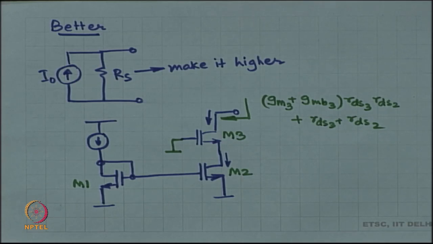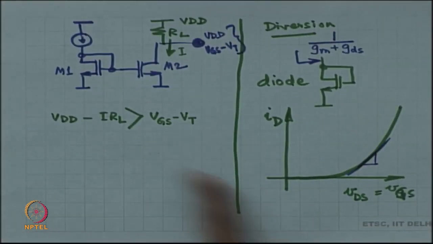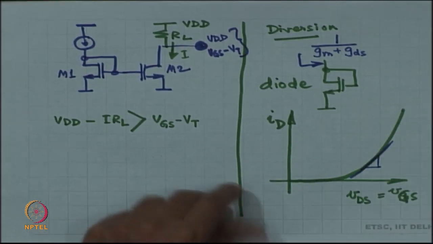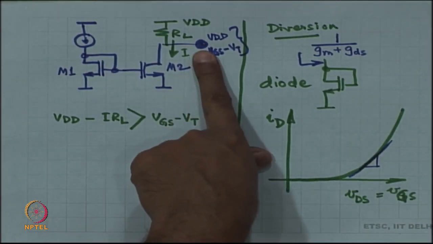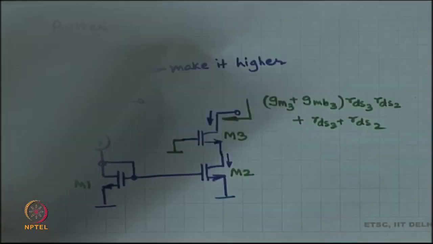Unfortunately, you are going to pay a price. The price is that when you add this one device on top in cascode, now the range of voltages for which it works is going to become even more limited. Your allowable swing on this node is more limited.